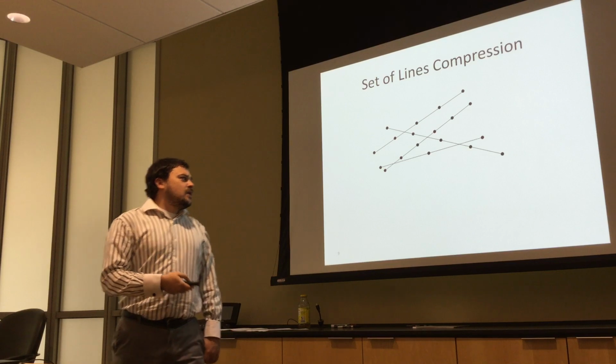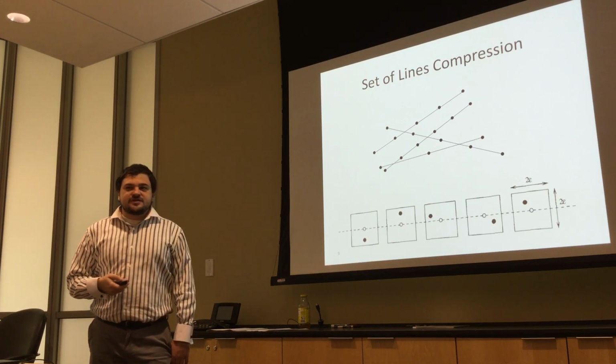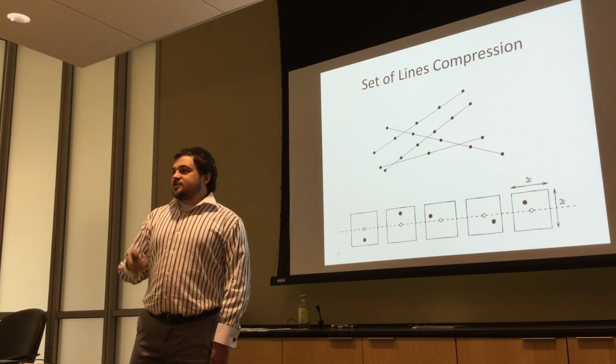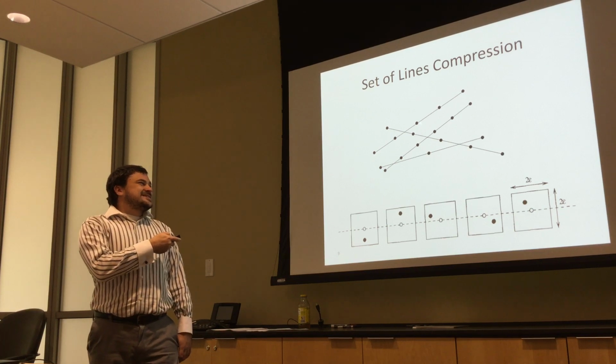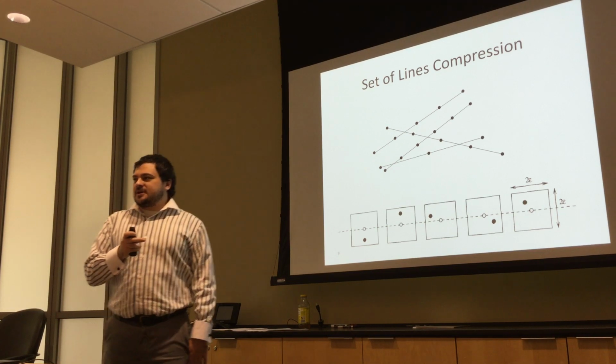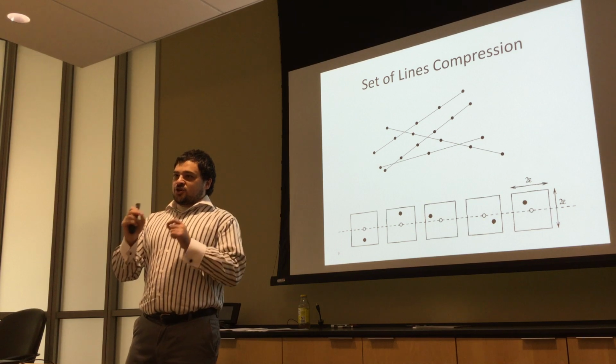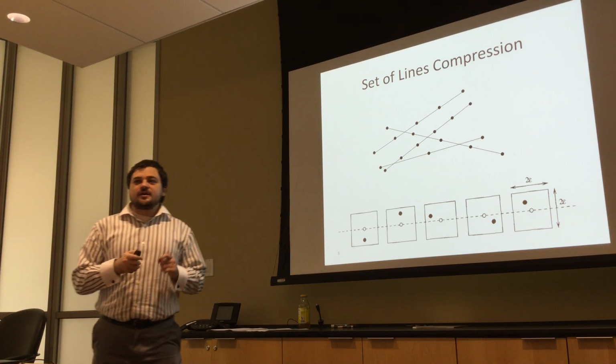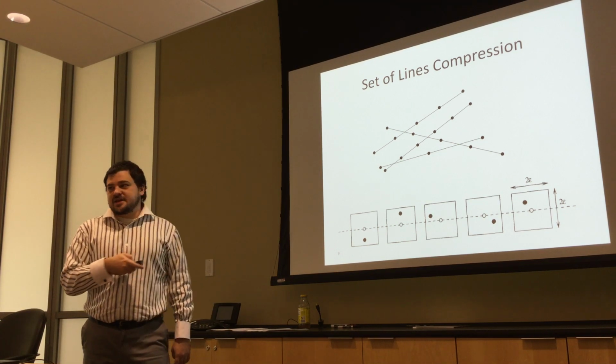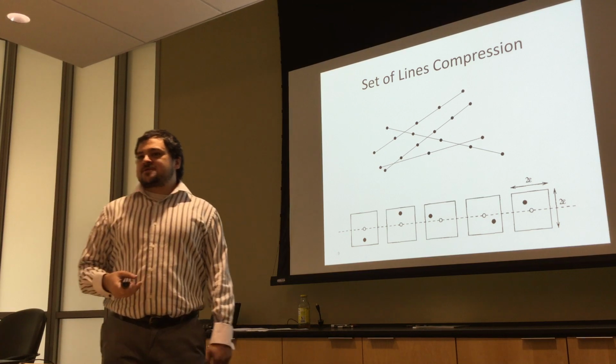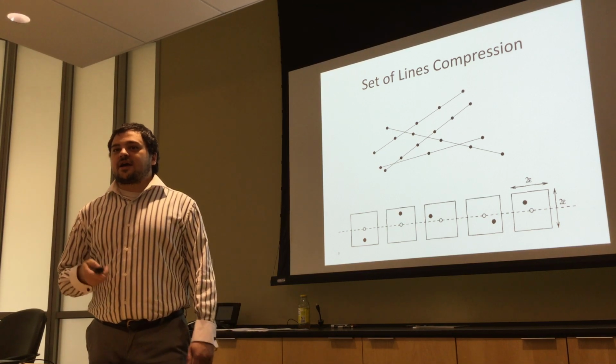I additionally will discuss a lossy version of this compression scheme, where I don't require that the points fall exactly at regular intervals along this line, but rather I can perturb them by some small epsilon in order to round them to this case. And this small epsilon is actually an input parameter for that compression scheme.